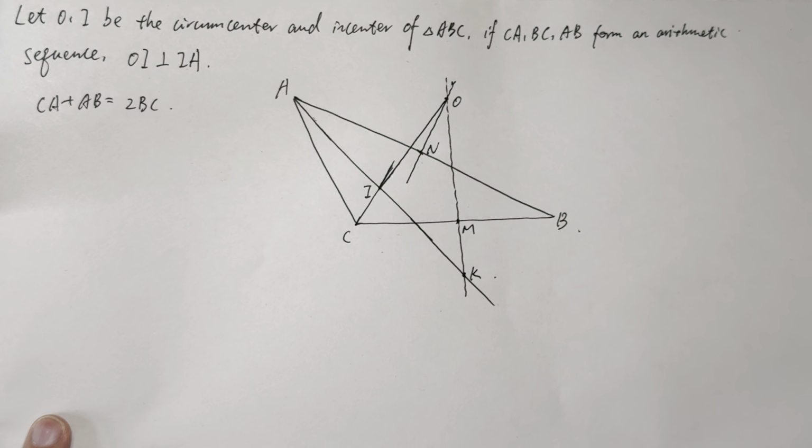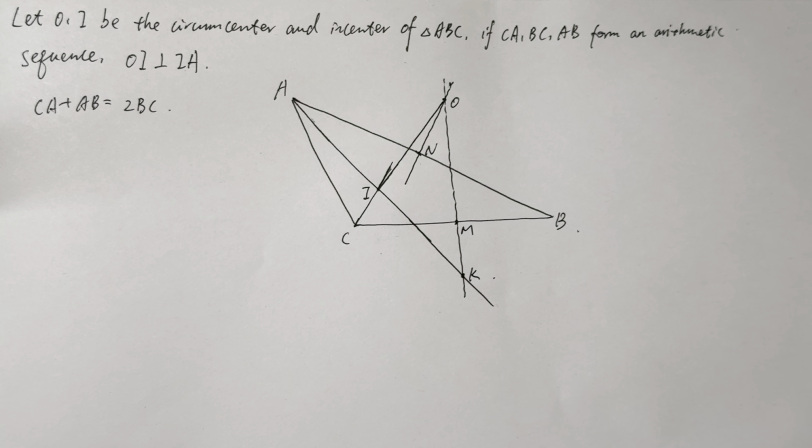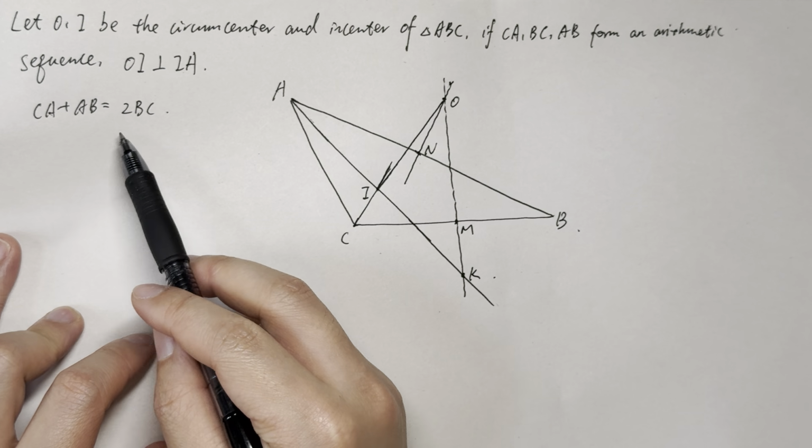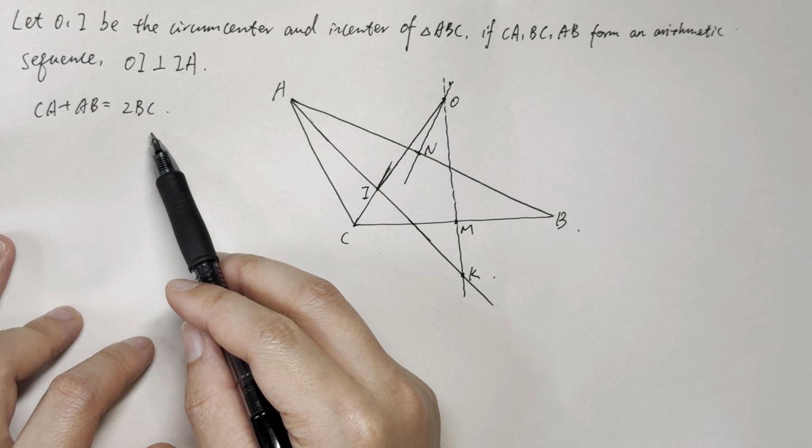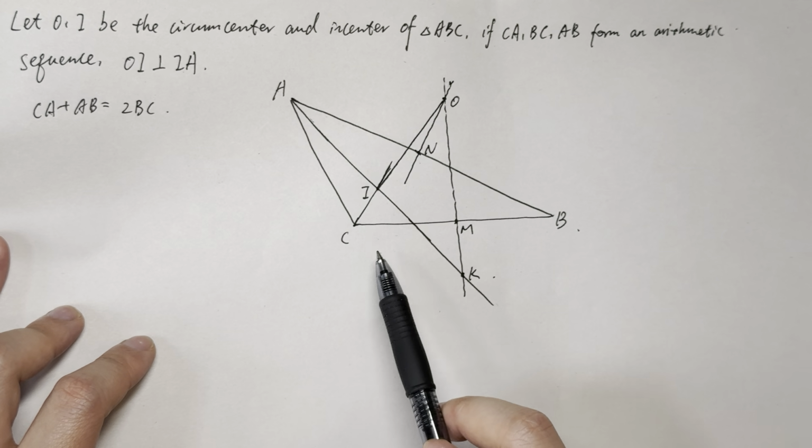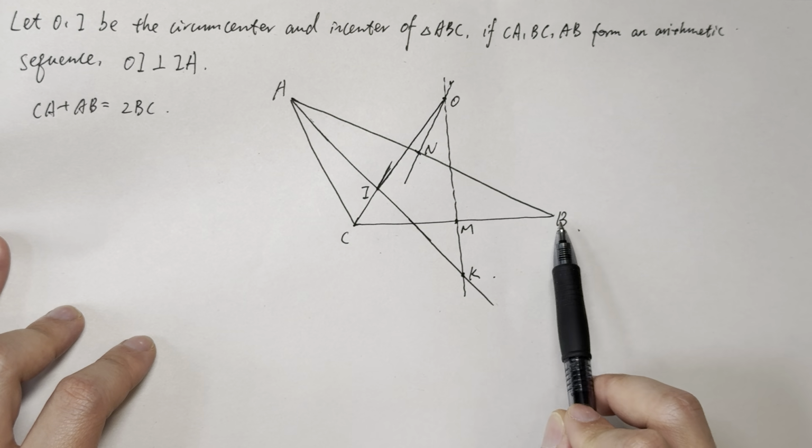Okay, so this problem is very simple on the problem set, but it's not a very simple problem. The first thing is that we need to understand how we can use CA plus AB equals twice BC, right? And we know that AI is the angle bisector of angle CAB.